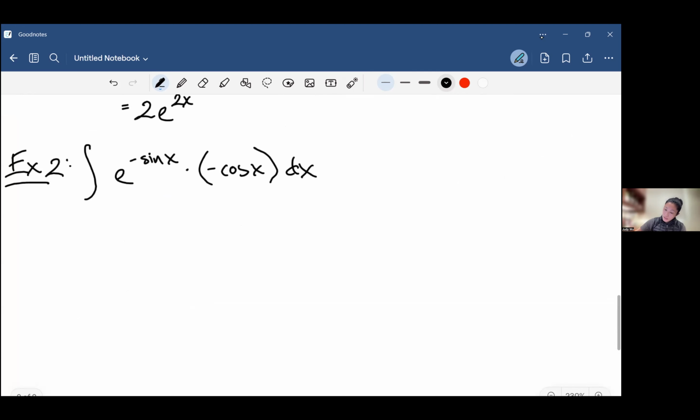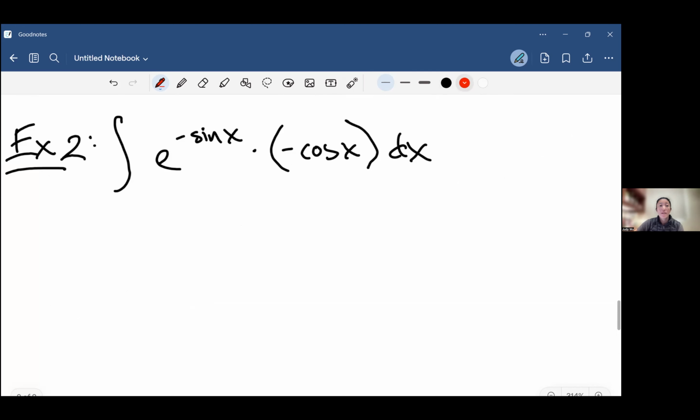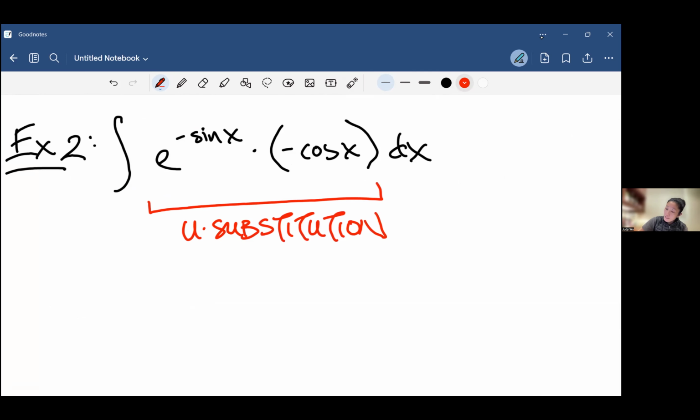All right. Well, if we think about what we know with integrals, we've learned a lot of different techniques, but in particular, the easiest one to start with is U sub. Okay. And so when we're thinking about U substitution, it's really nice to think about, do I see a function and at least part of its derivative somewhere? Okay.